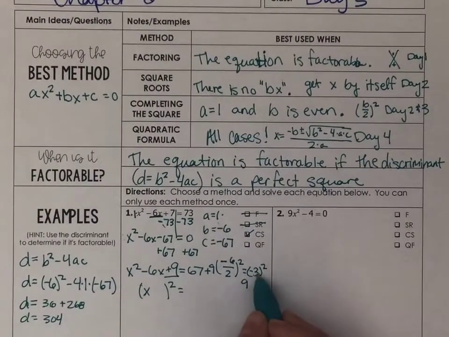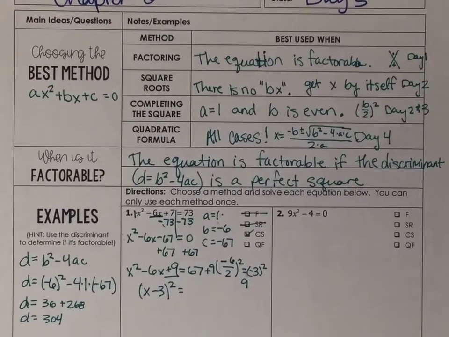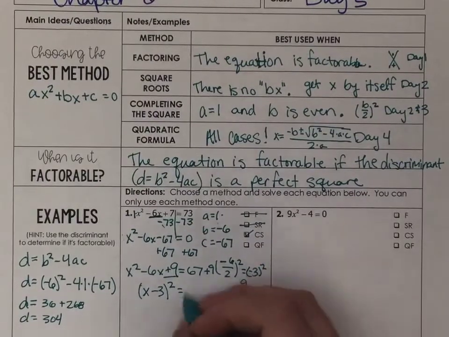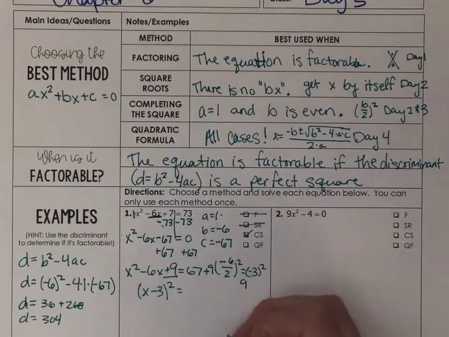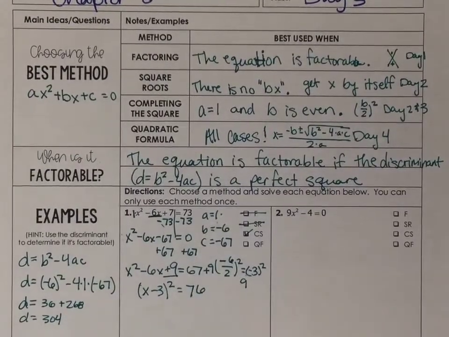And that factor that it works with is that middle number that we had when we were figuring out what to add. So I have x minus 3 as my squared factor. And then 67 plus 9 would give you 76.